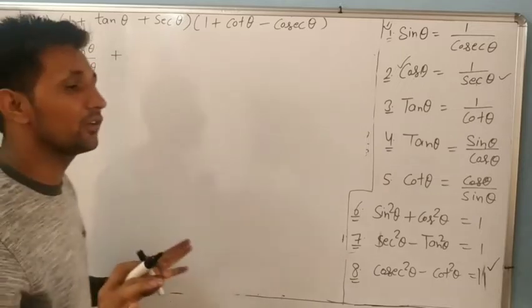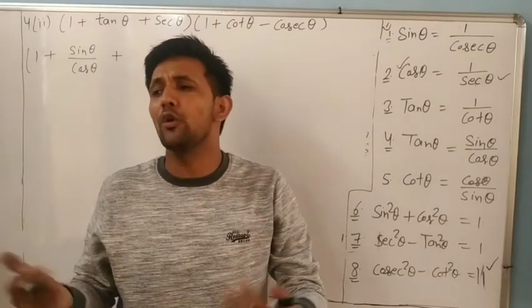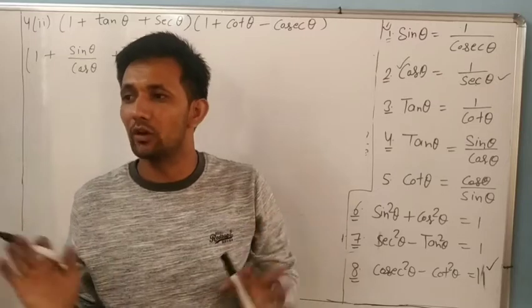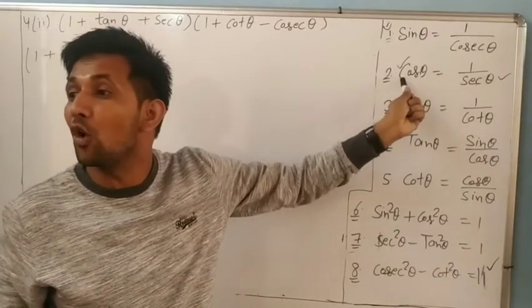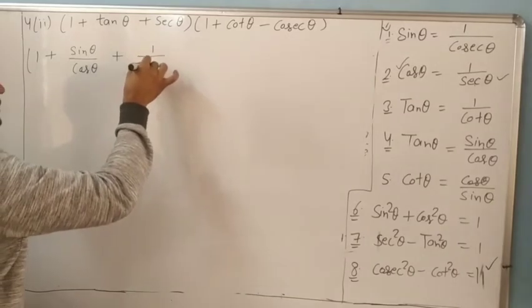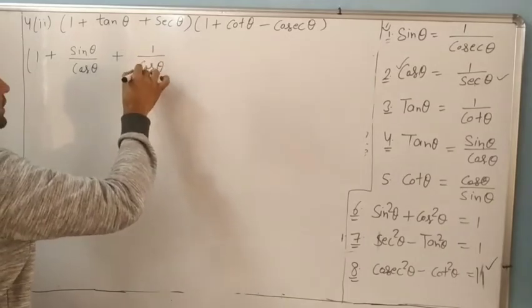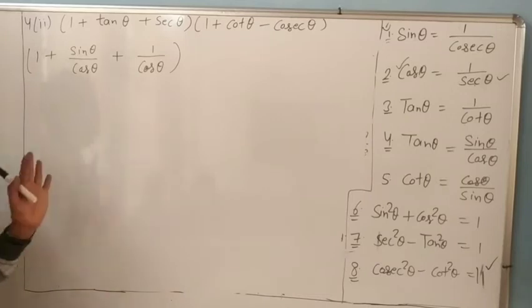Always we will try to change into either sine or cos or both. Sec theta can also be changed. Sec theta is always the opposite of cos, so sec is 1 by cos theta. Very simple. Nothing new we have done till now.